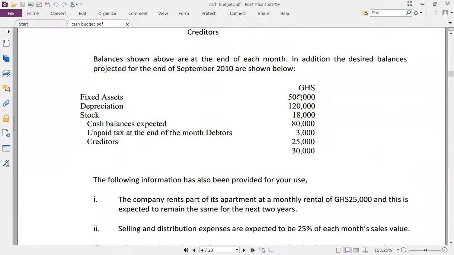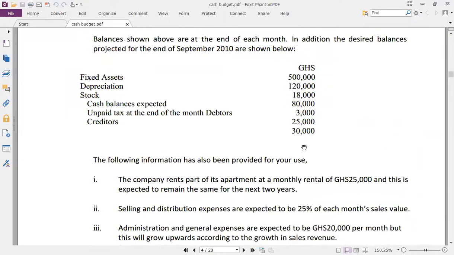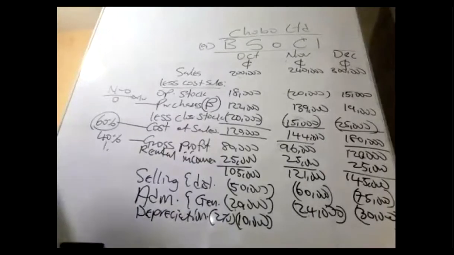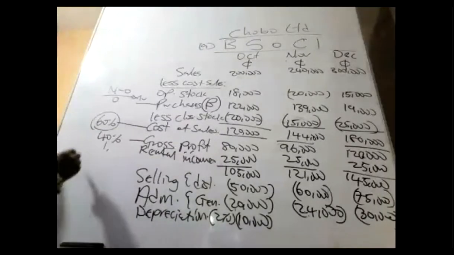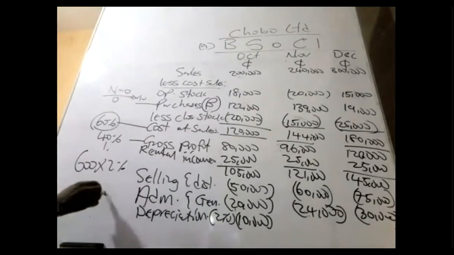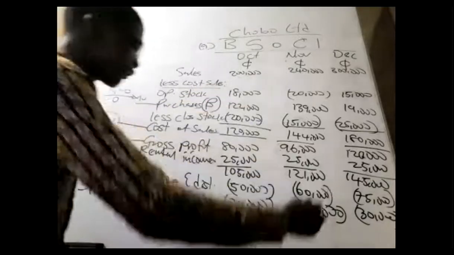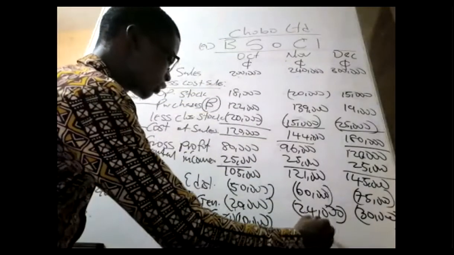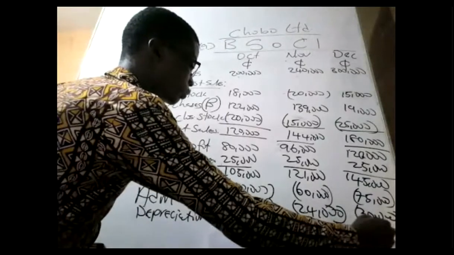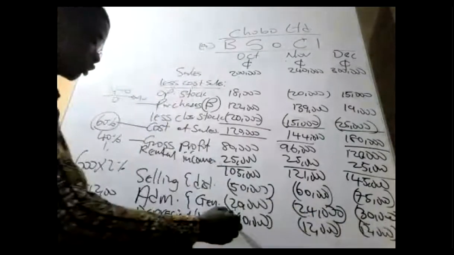Originally I have 500. When they give additional 100, it becomes 600. The depreciation for November should be on 600, so it should be 600,000 times 2%. That will give us 12,000, right? So thereafter, it will now be 12,000 going out. That is all.